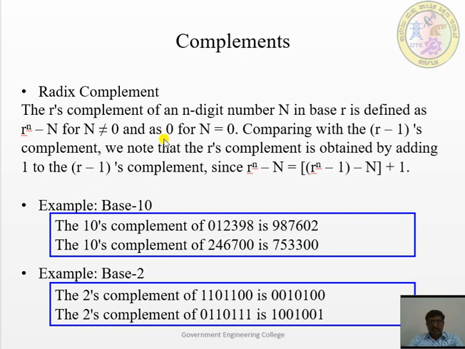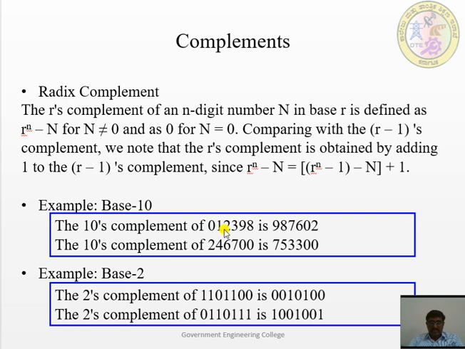Here we subtract the first LSB digit from 10, and the remaining digits we subtract from R minus 1, that is 10 minus 1, which is 9. Only the first LSB digit is subtracted from the base value, and the remaining digits are subtracted from R minus 1, that is 10 minus 1, which is 9.